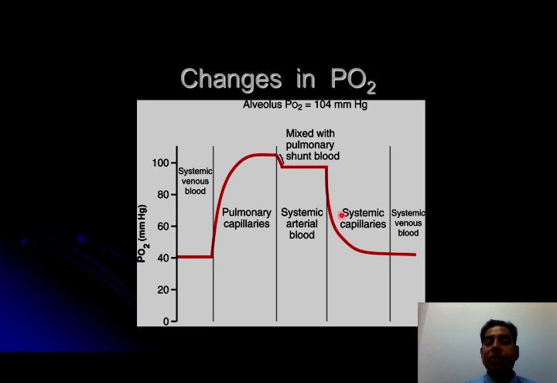And by the time it reaches the systemic capillaries, the oxygen has been exchanged with the tissues. So again, there's a big fall in the partial pressure of oxygen, and the blood entering the systemic venous blood is again at a partial pressure of 40 millimeters of mercury.